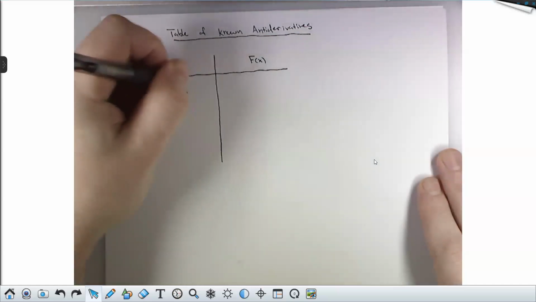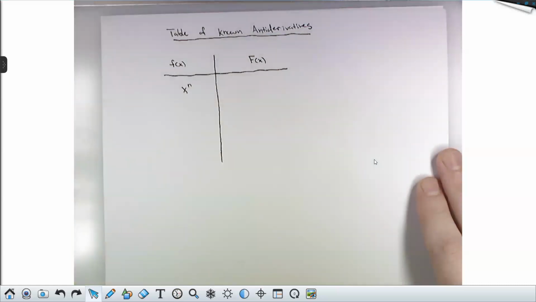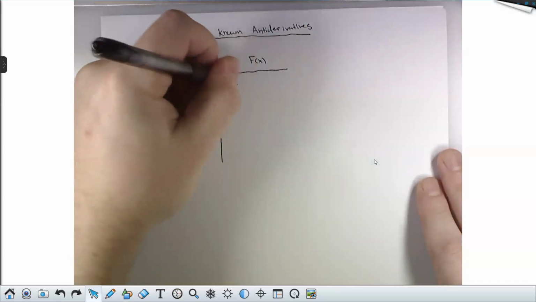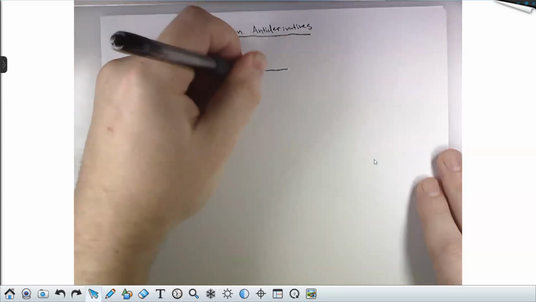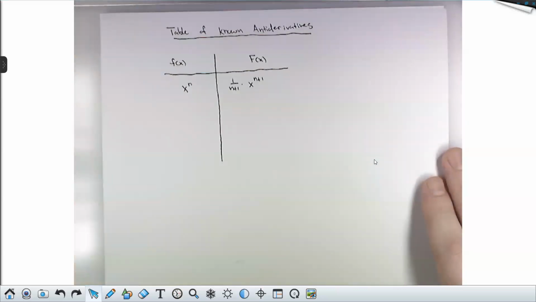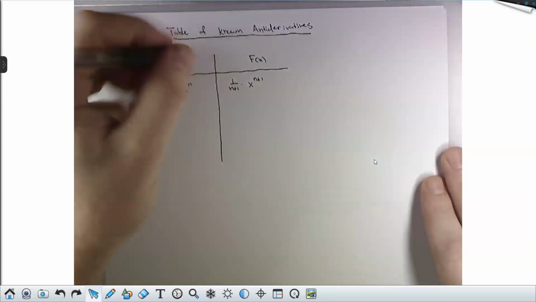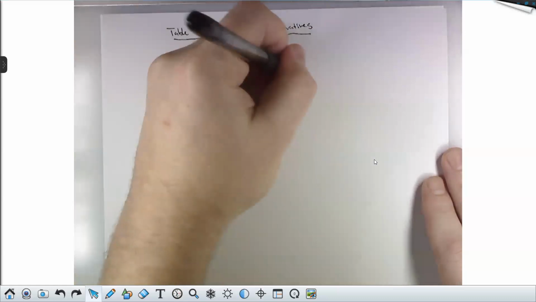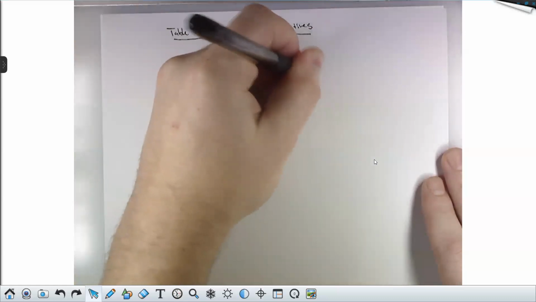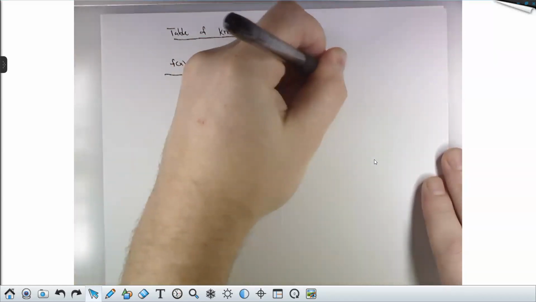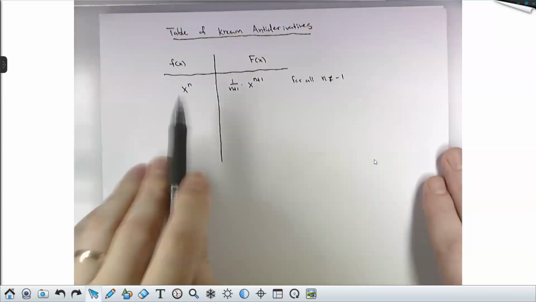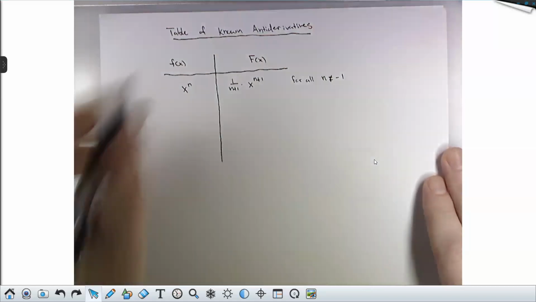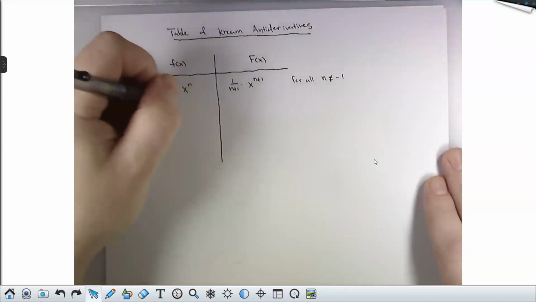x to the n. Its antiderivative is 1 over n plus 1 times x to the n plus 1. This is what we just proved. This works for all n except -1, because x to the -1 is 1 over x.